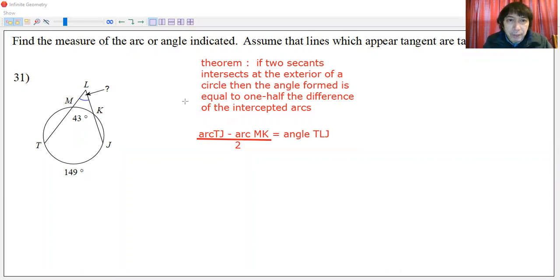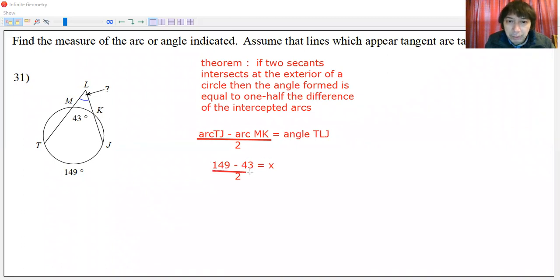TJ is 149, so we have 149 minus 43, divided by 2. This equates to the angle TLJ. We'll just mark this X for a simpler solution.